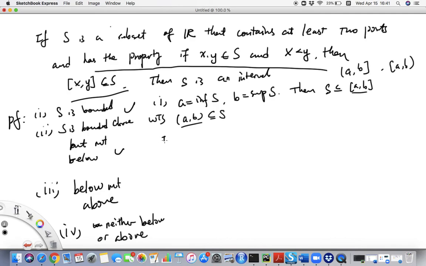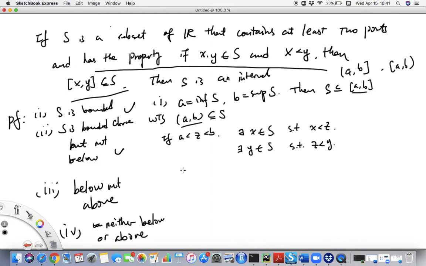Now if we take Z that's between A and B, we want to show that Z is in S. So what do we know about Z? Z is not a lower bound of S, so there exists an x in S such that x is less than Z. Also Z is not an upper bound of S, so there exists a y in S such that Z is less than y.